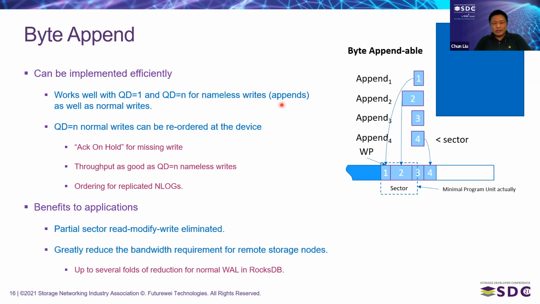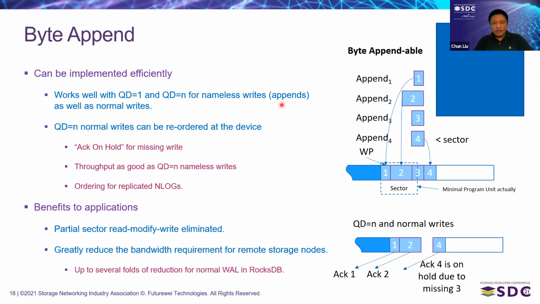With queue depth more than 1, for appends, the simple staging buffer still works, as the drive is free to reorder all the outstanding appends and put them in the buffer in any order. It's going to be tricky for normal writes.